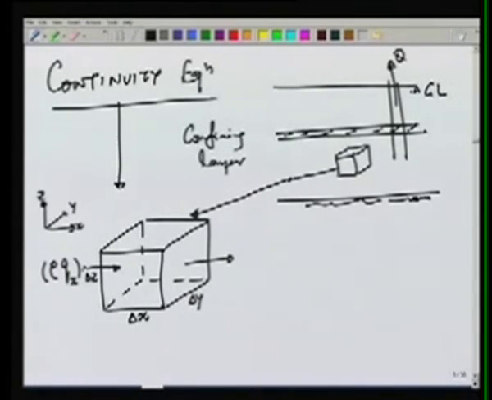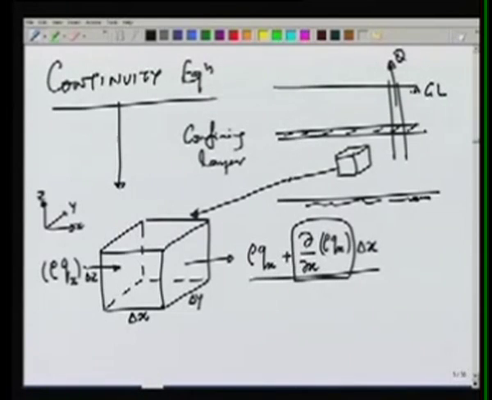What we want to see is how much mass, net mass, is flowing into this control volume. So the mass which is going out can be written, by using Taylor series, as rho qx, which is the mass coming in from the left face, plus the rate of change multiplied by the distance delta x.